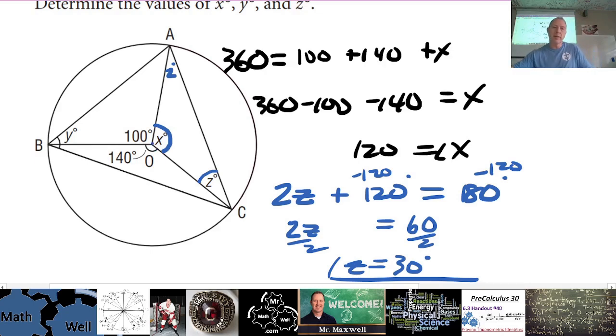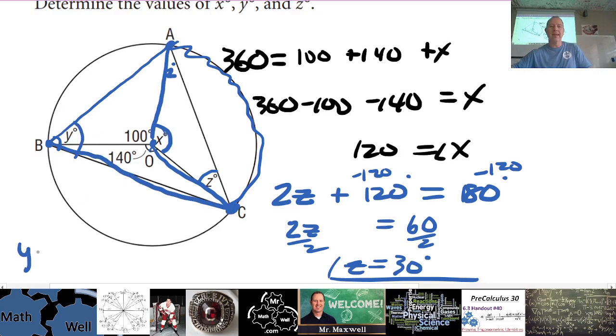So you're saying that because X is a central angle and it subtends this arc AC, this angle Y is an inscribed angle that subtends the same arc. So angle Y is going to be 120 degrees divided by 2. Is that what you meant? That's what you said. Good job.